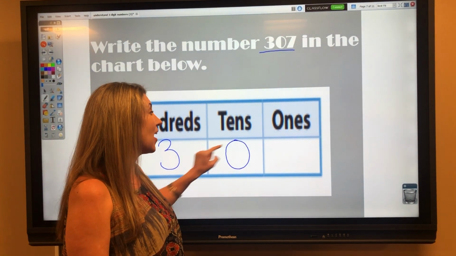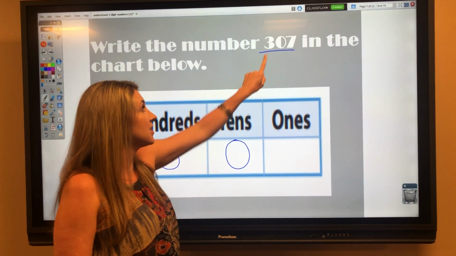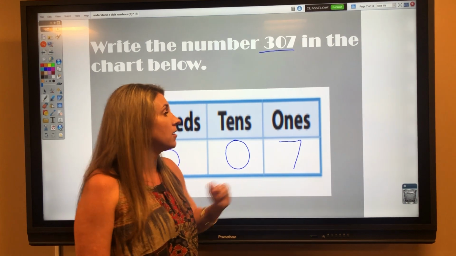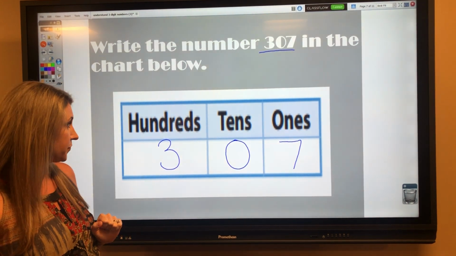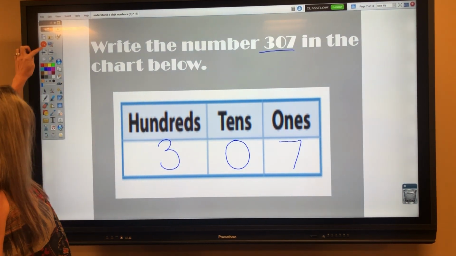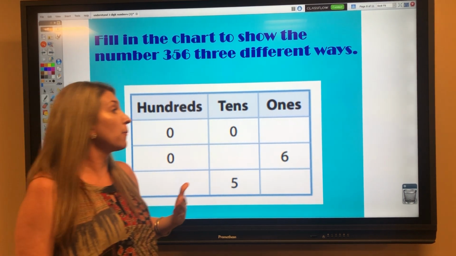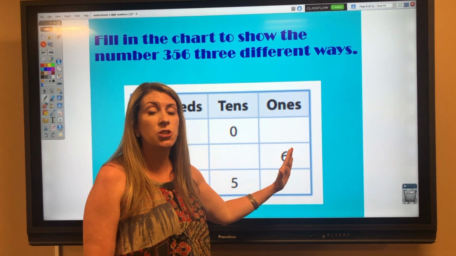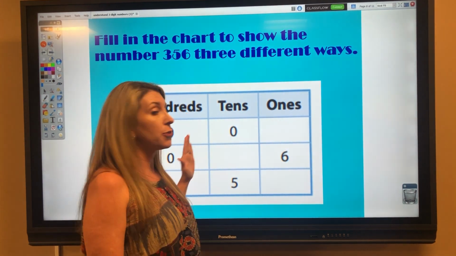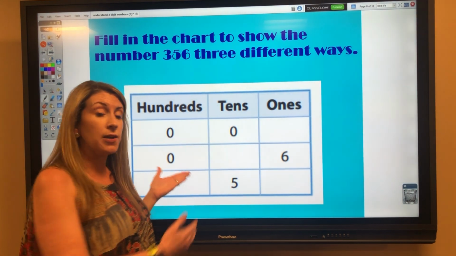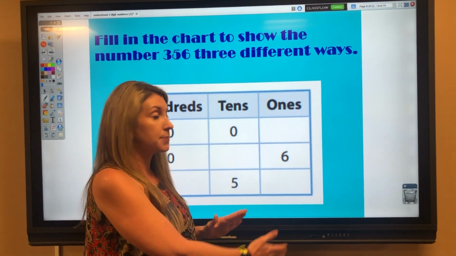It has 0 tens, because there's a 0 in the tens place, and 7 ones. Now, just by writing hundreds, tens, and ones, you can represent a 3-digit number. But there are other ways you can write it other than hundreds, tens, and ones.